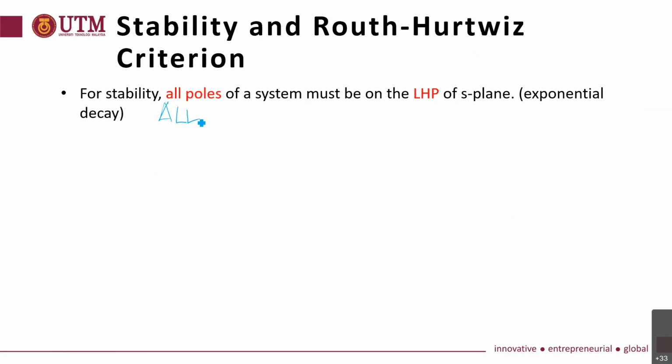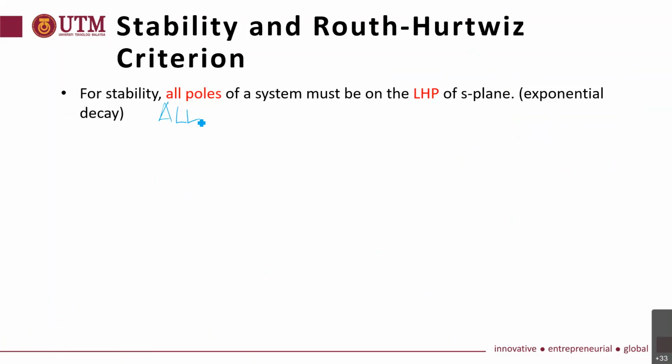If we have 10 poles, all poles must be on the left in order to be stable. If only one is on the right, then the system will be unstable, because that one pole will give exponentially increase. It's not decay, it's increasing.